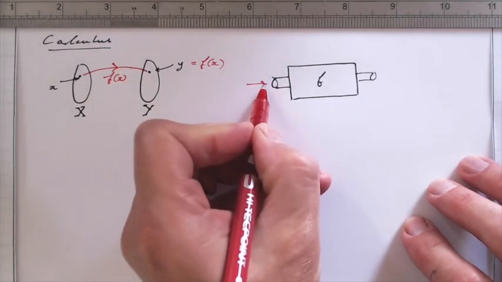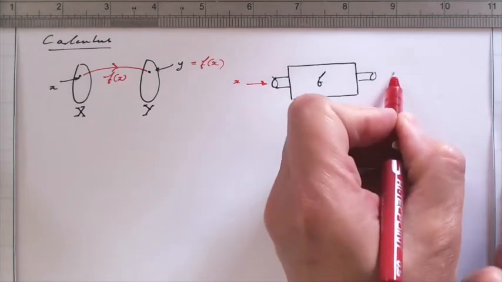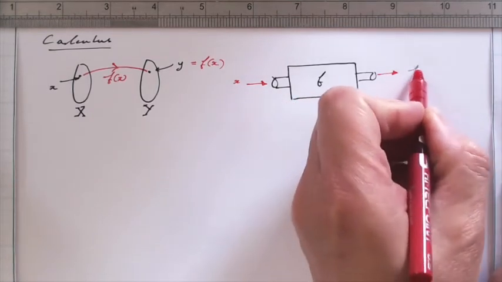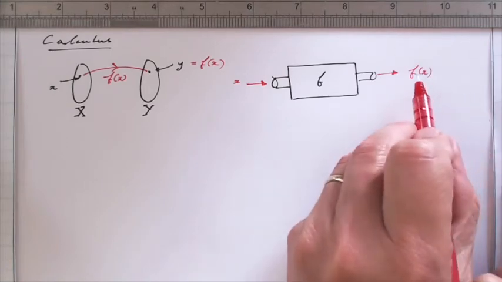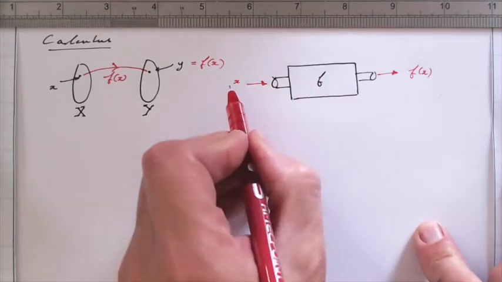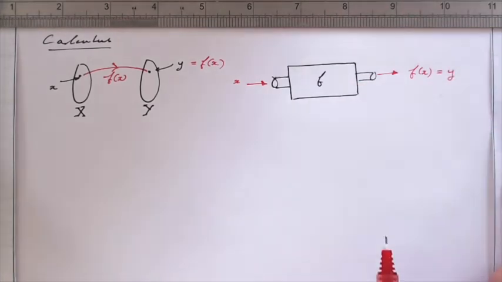But essentially you put an object x in, and out comes f of x, a number that is the result of applying this machine to the input x, and let's, for the sake of argument, call that y.